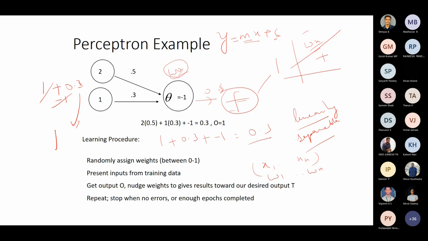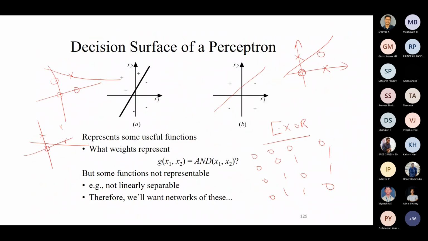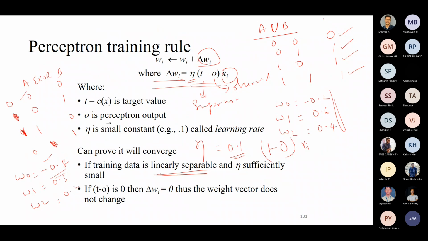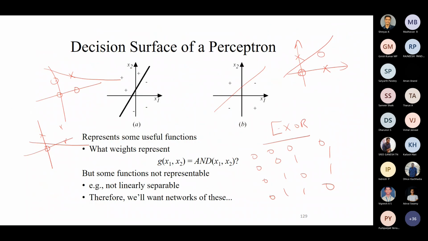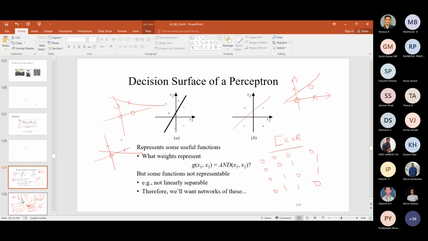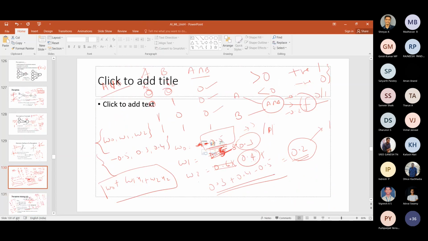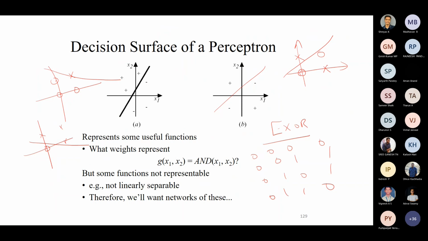So let us try to do this for A and B. I will not spend time, I have anyway calculated it for A and B. So here this is how it is going to be.